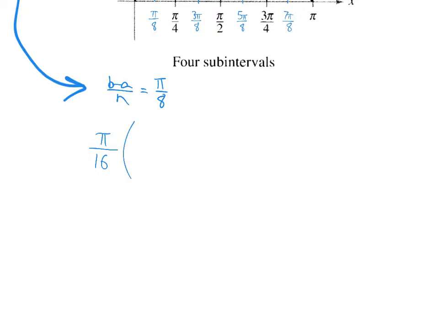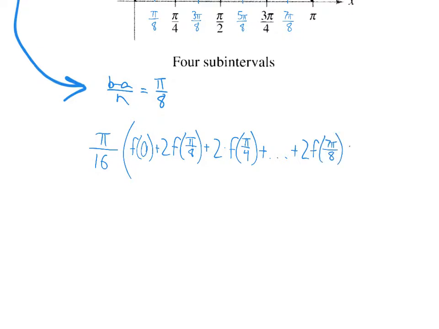And then you would do f of 0 plus 2 times f of pi over 8 plus 2 times f of pi over 4 plus all the way down to plus 2 times f of 7 pi over 8 plus f of pi.